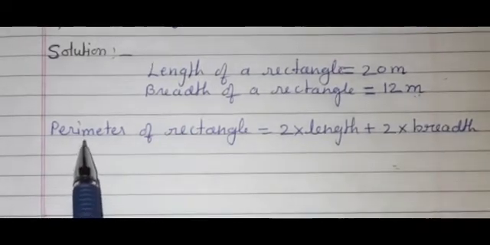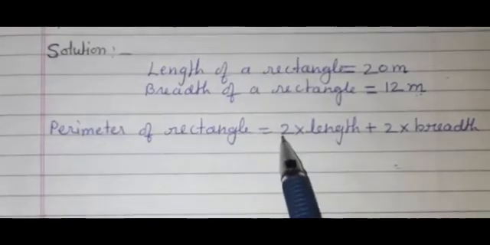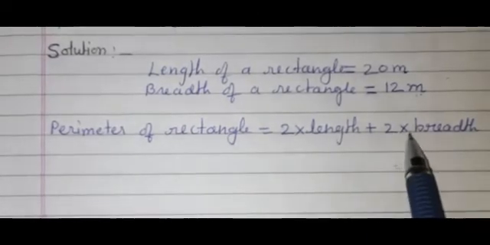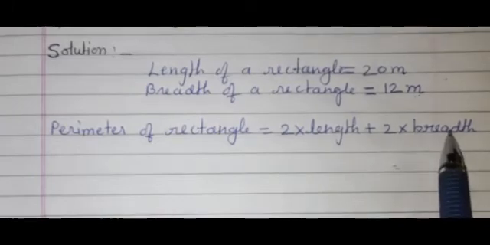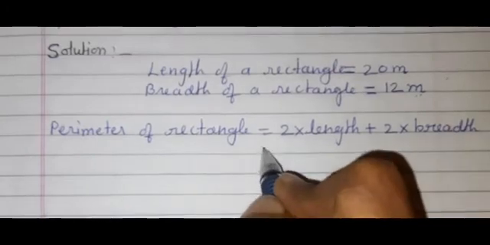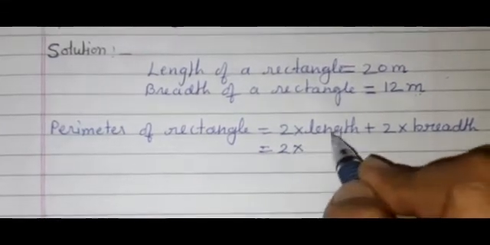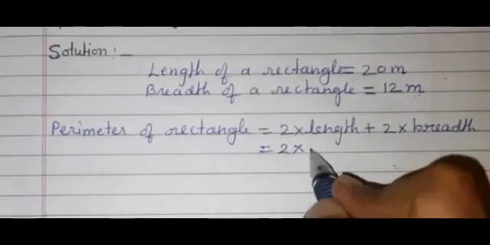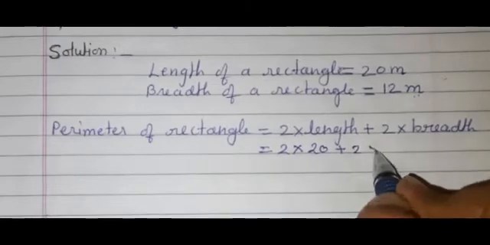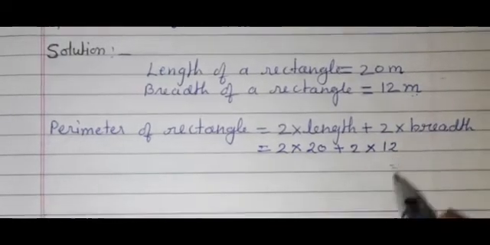Now we will find out the perimeter of the rectangle, and the perimeter of a rectangle is equal to 2 multiplied by length plus 2 multiplied by breadth. It is the formula for the perimeter of a rectangle. Now put the values here. 2 multiply length is 20 meter, so here write 20, plus 2 multiply breadth is 12 meter, so here write 12.